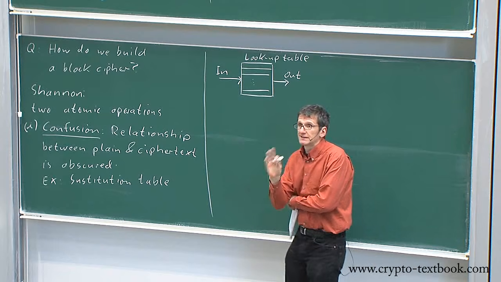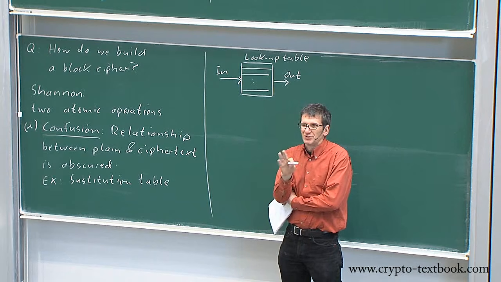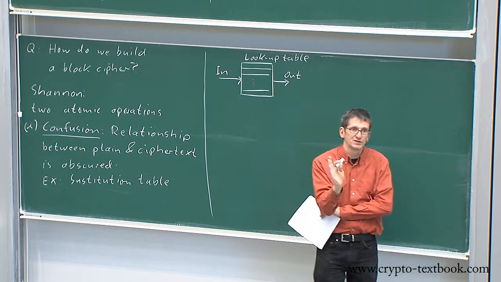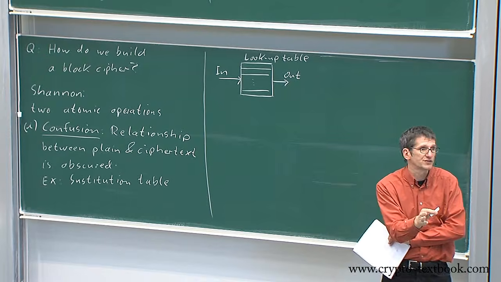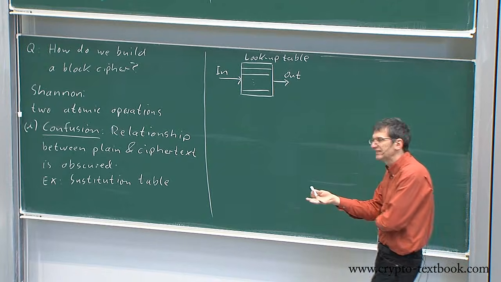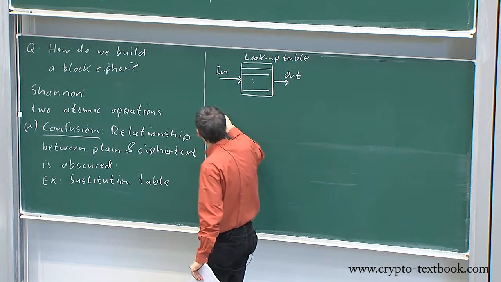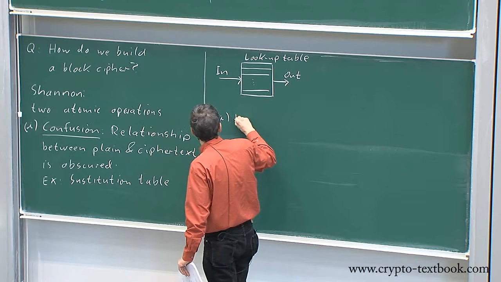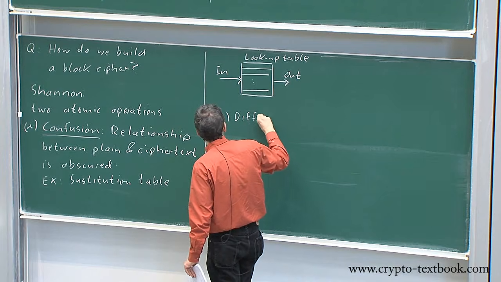But he said this is not enough, which is not surprising to us because we know the Caesar cipher by itself is not strong. He said you should also do something else, which is called diffusion.